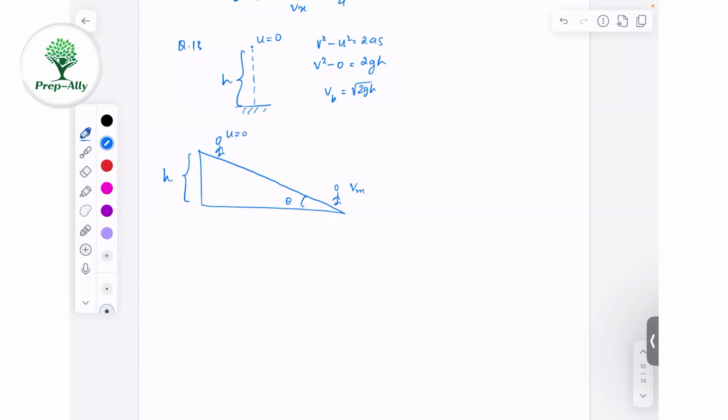The man only has a displacement along the inclined plane, and gravity acts vertically downward this way. So if we break down the components of gravity, we get one component perpendicular to the incline as g cos theta, and one component along the incline of g sin theta. Again, let's apply v square.